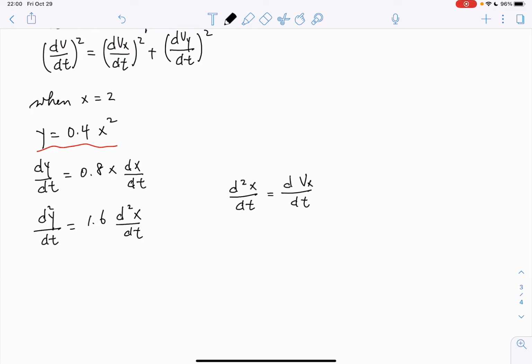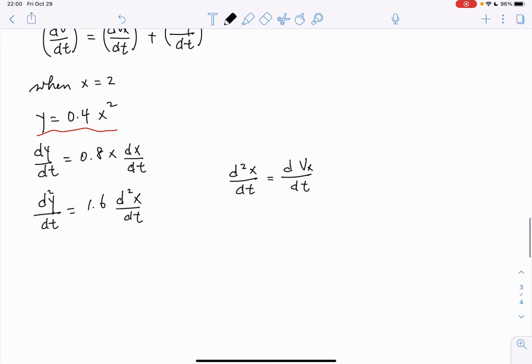Okay, so we have now calculated that, and also this one, dvy over dt, is in terms of dvx.